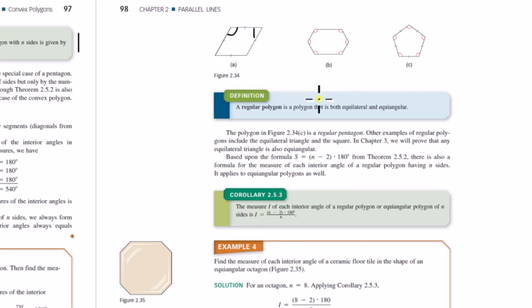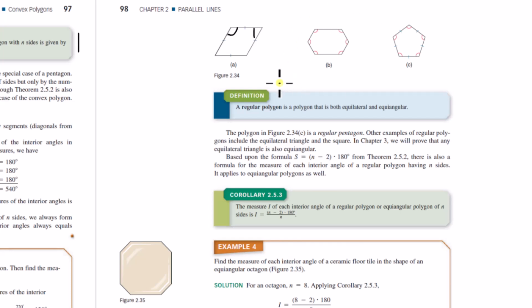That makes sense because the theorem this corollary is based on, the sum of the interior angles of a polygon, is just based on angle measure. It has nothing to do with the side lengths being equal or not. It's just the fact that the angles are equal.